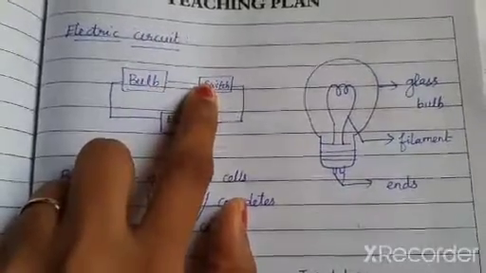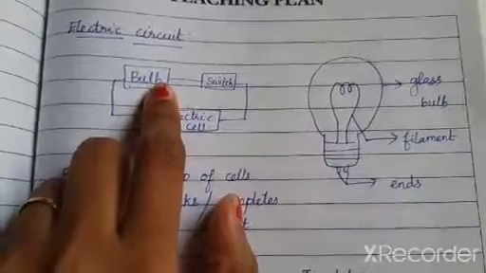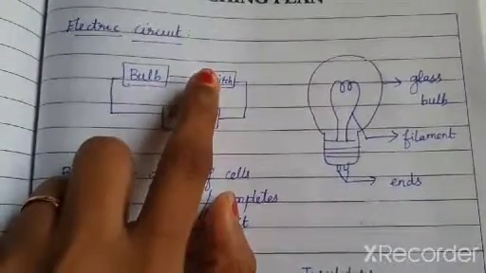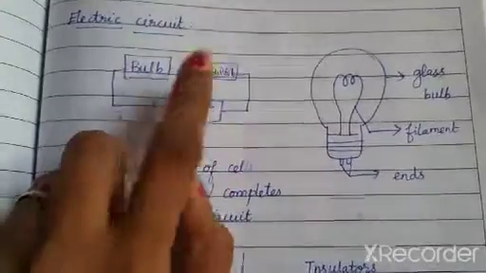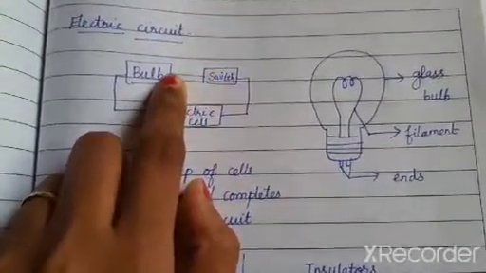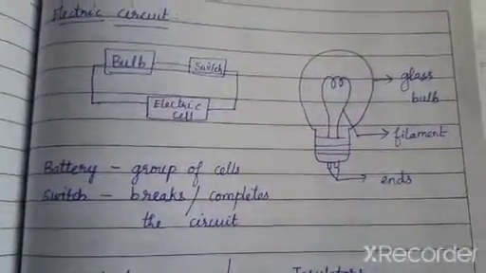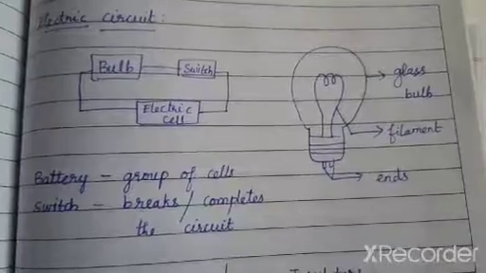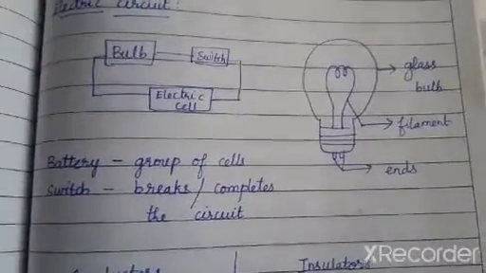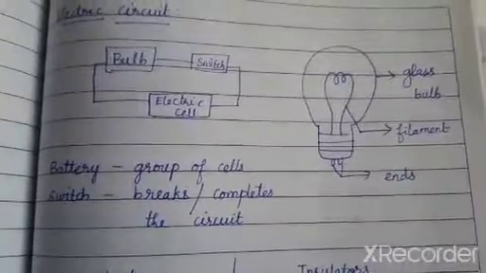If the switch is off, the current will not reach the bulb. Right? Now let us consider the switch is on here. So the current flowing from the switch to the bulb, how does it make the bulb glow? What is happening there? How does the bulb receive the current and absorb it and produce the glowing effect?